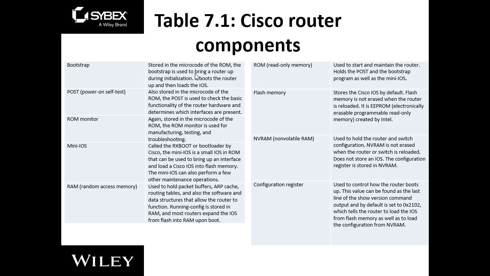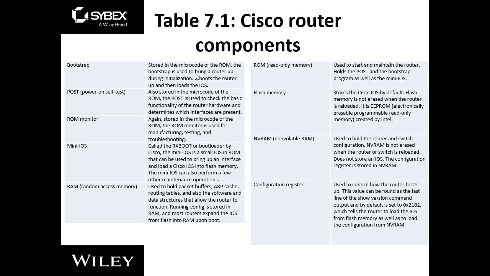We're making sure that all of the basic components of the device, whether it's a switch or router, is reporting normally. Next, after the POST goes through its routine and it comes back with a positive result, we then move on to something called ROM monitor. Now, we've talked about ROM monitor, and that was the part of the early operating system that we used to configure the configuration register and allowed us to bypass the startup-config file.